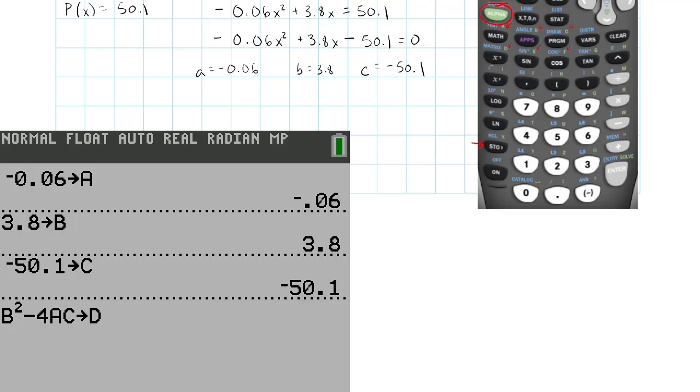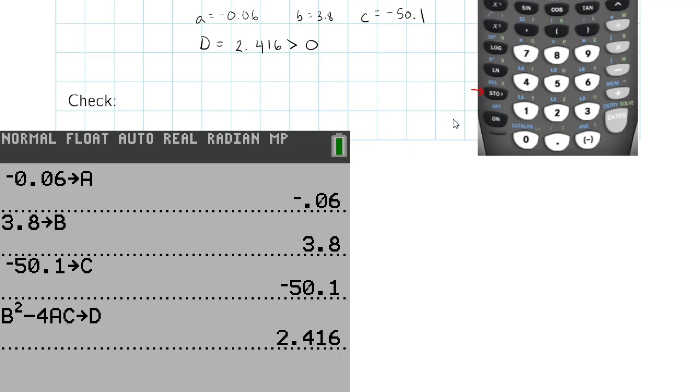I'm going to store that to the letter D for discriminant. My discriminant is 2.416, which is greater than 0. So I know I'm going to have two real solutions.